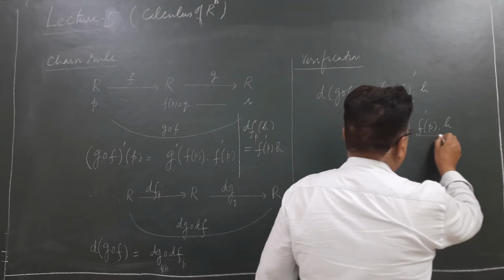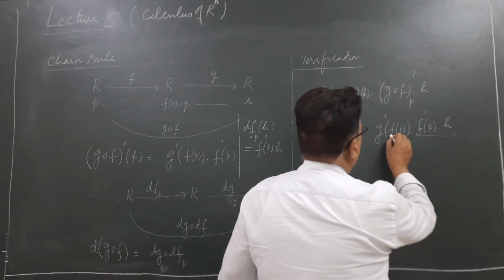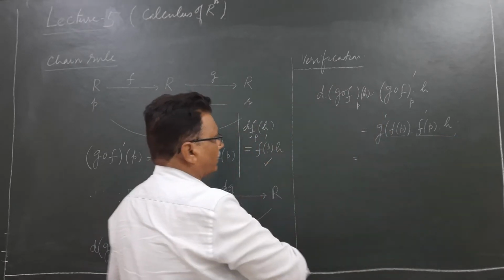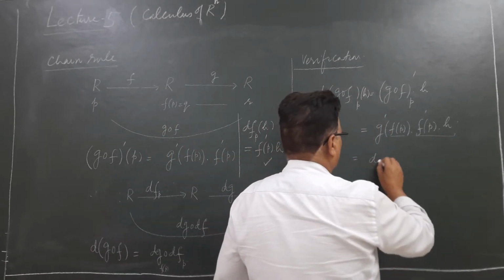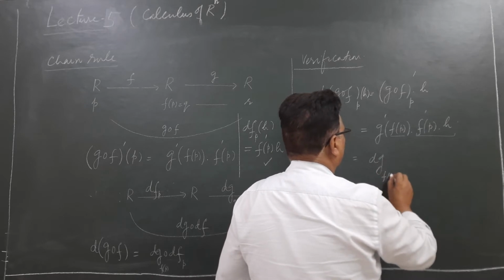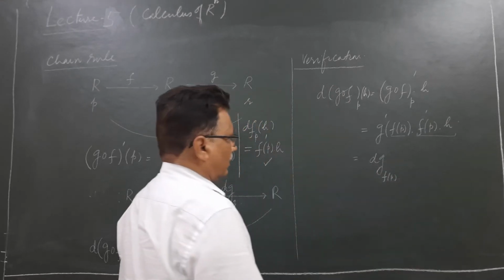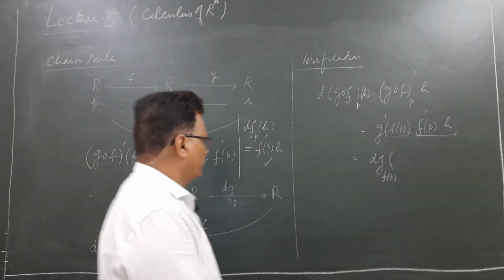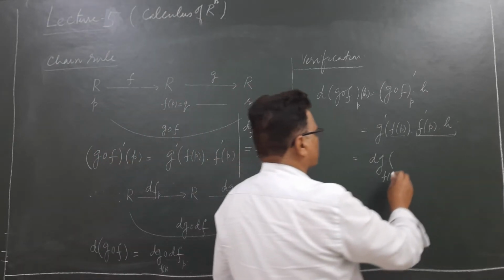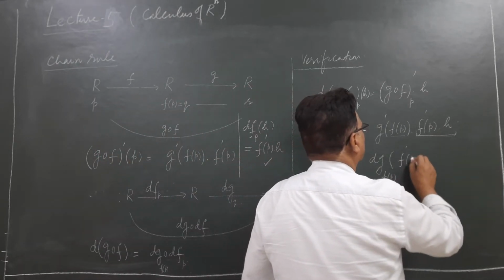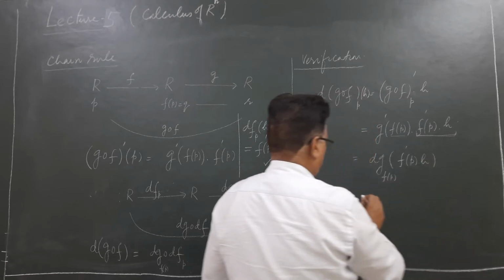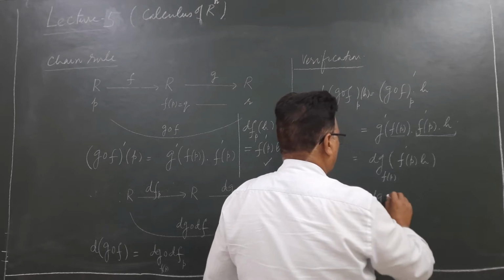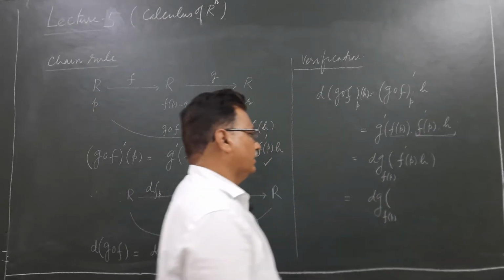Now, look at it. This can be considered a real number. So, g dash is operating at f(P), multiplied by this. You compare it with this formula, you will say it is nothing but dg at f(P) operating on this thing. Now, this is our new h according to this rule, so it is f dash P into h. I can rewrite it as dg at f(P), and look at what is there in the bracket.